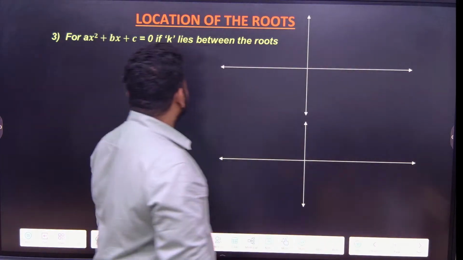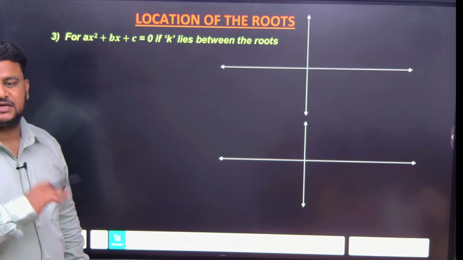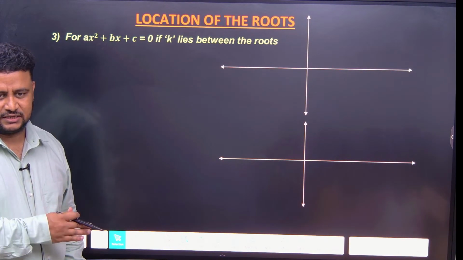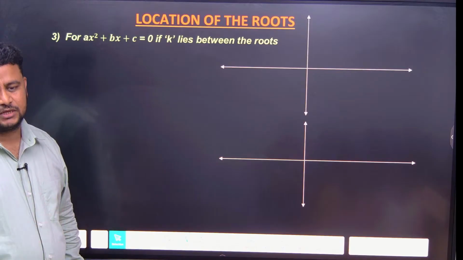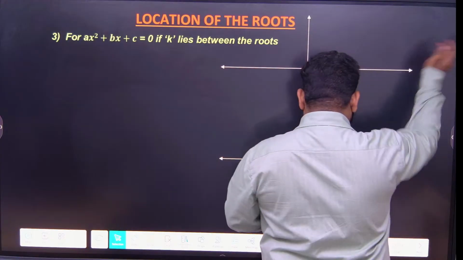Location of the roots for ax square plus bx plus c equal to 0: if k lies between the roots, it is not greater or less than the roots, it is lying between the roots. How will you get the figure? It can be like this.